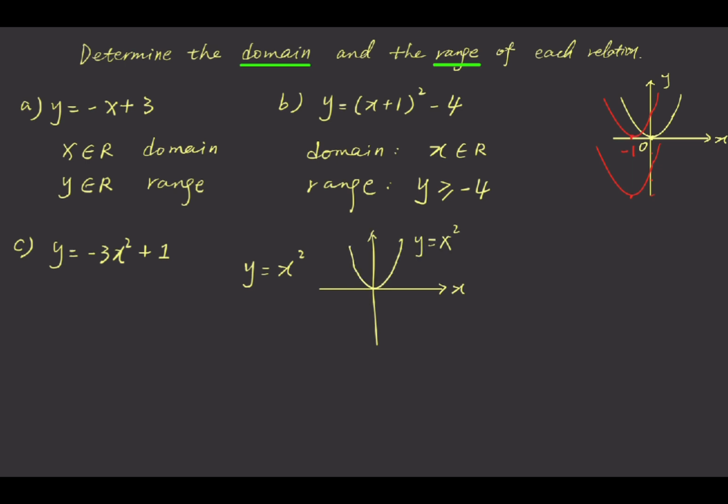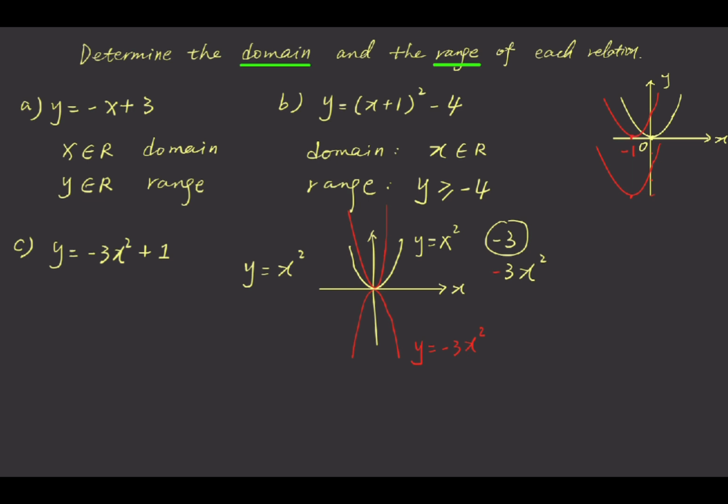On the basis of this graph, we want to multiply by -3, so we first stretch this by a factor of 3, so it should be like this. Then we need to reflect this graph over the x-axis, because here it is -3, so it should be y equals -3x squared.